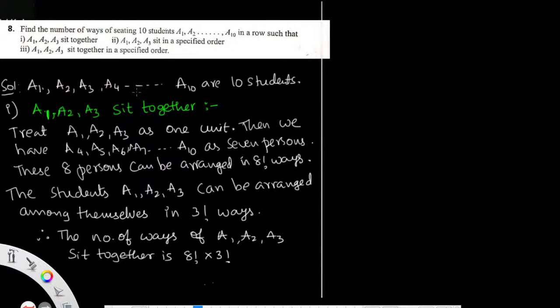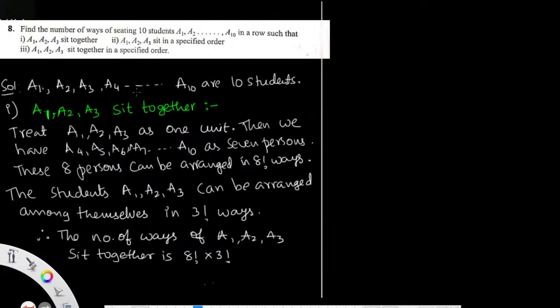Find the question number 8. Find the number of ways of seating 10 students A1, A2, A3, and so on up to A10 in a row such that: first, A1, A2, A3 sit together; second, A1, A2, A3 sit together in a specified order; and third, A1, A2, A3 sit together in a specified order.